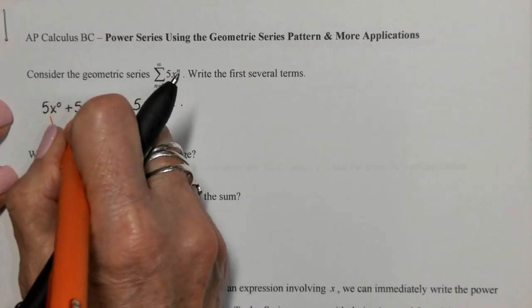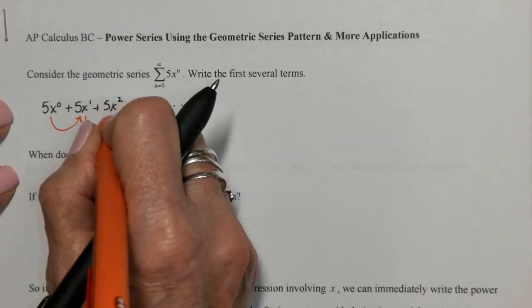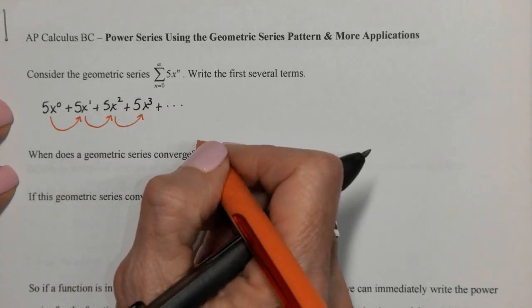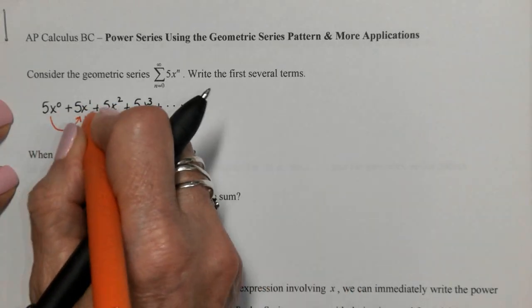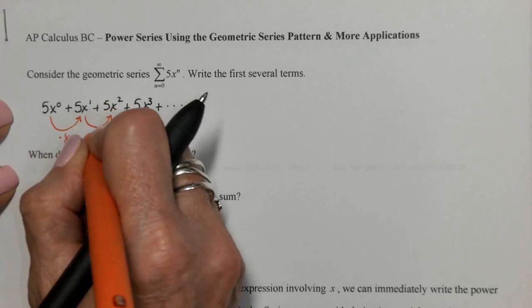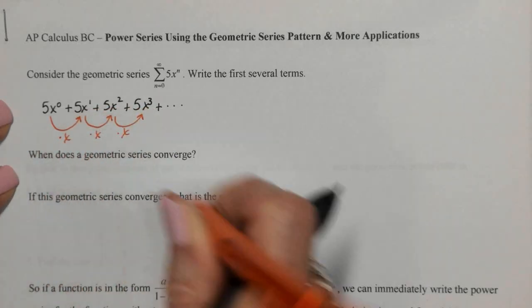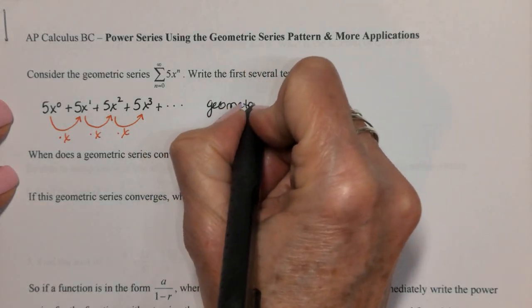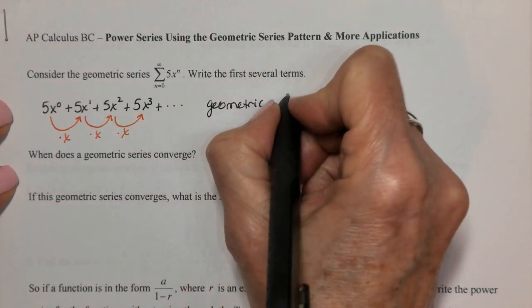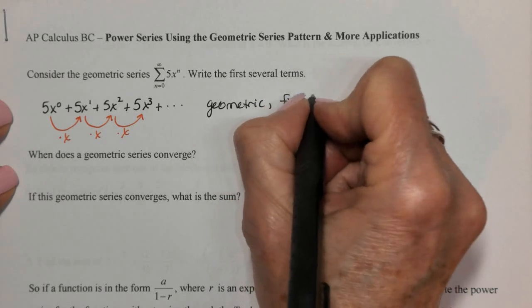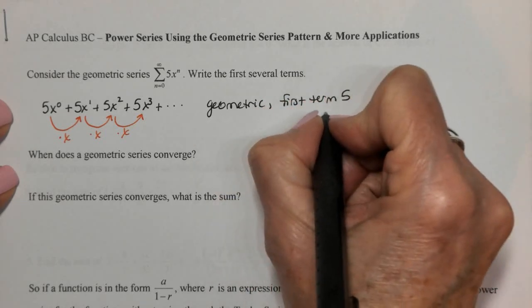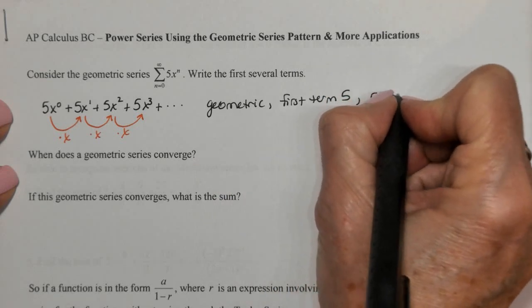To get to every next term, what do we do? What is r here? What is the common ratio? Well, to get to every next term, we're going to multiply by x, right? So this is geometric, with first term 5 and common ratio x.